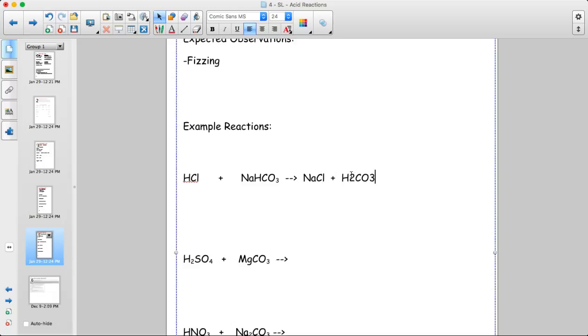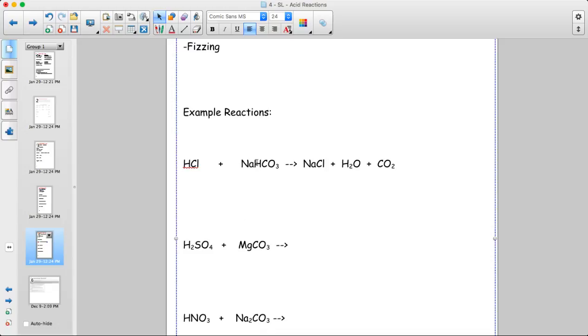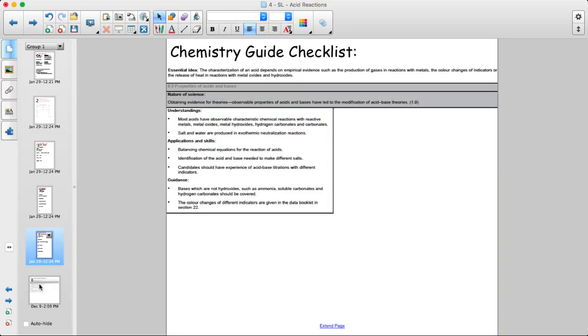If you put them together, there's two H's and there's CO3, and you'd make H2CO3, a substance called carbonic acid, but this readily breaks apart into water and carbon dioxide. So you don't even write the carbonic acid, you just write how it produces these. And so the salt is in the aqueous phase, water is liquid, and the carbon dioxide is gas. And so whether it's a carbonate or a hydrogen carbonate, the products are the same: salt, water, and carbon dioxide.